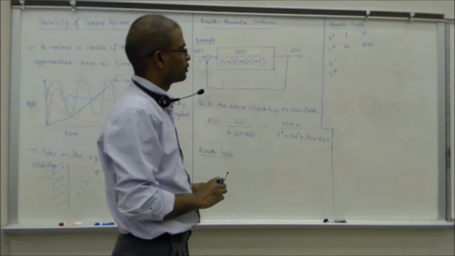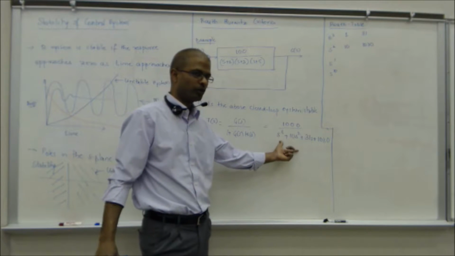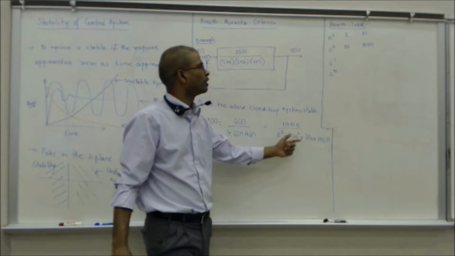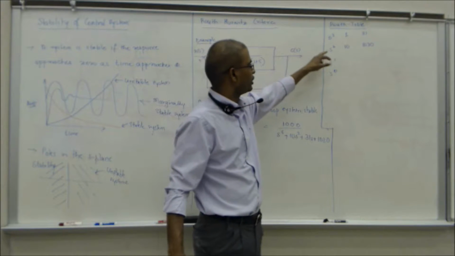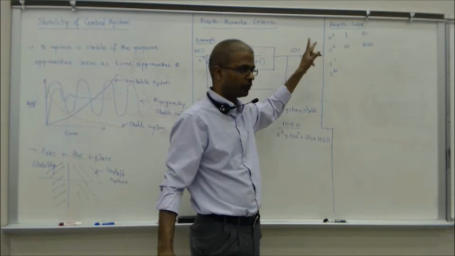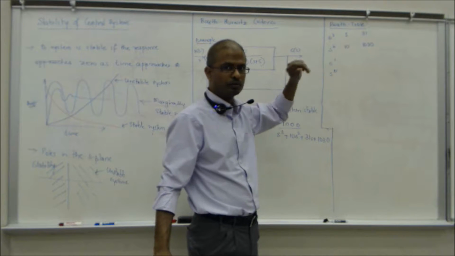This is always the first step for constructing the Routh table, regardless of what degree polynomial you are dealing with. If it's a fourth order polynomial, you would have S4, S3, S2, S1 and S0, and you would populate the first two rows that way.